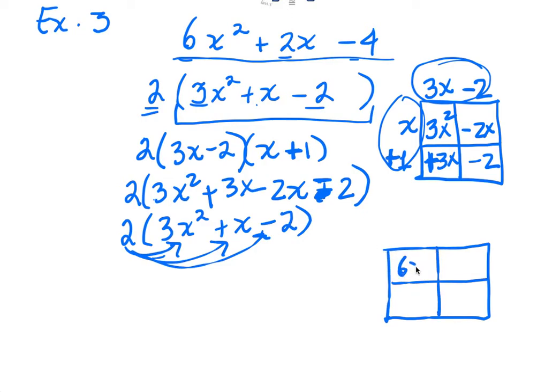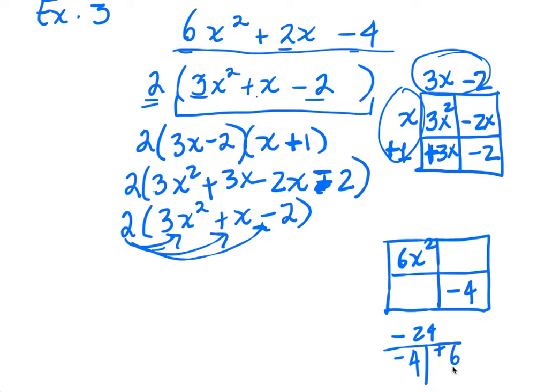You put 6x squared here, and then you put a negative 4 here, and then you're looking for factors of negative 24 that combine into positive 2. So positive larger factor there, and you said, okay, well, that's going to be negative 4 and 6.